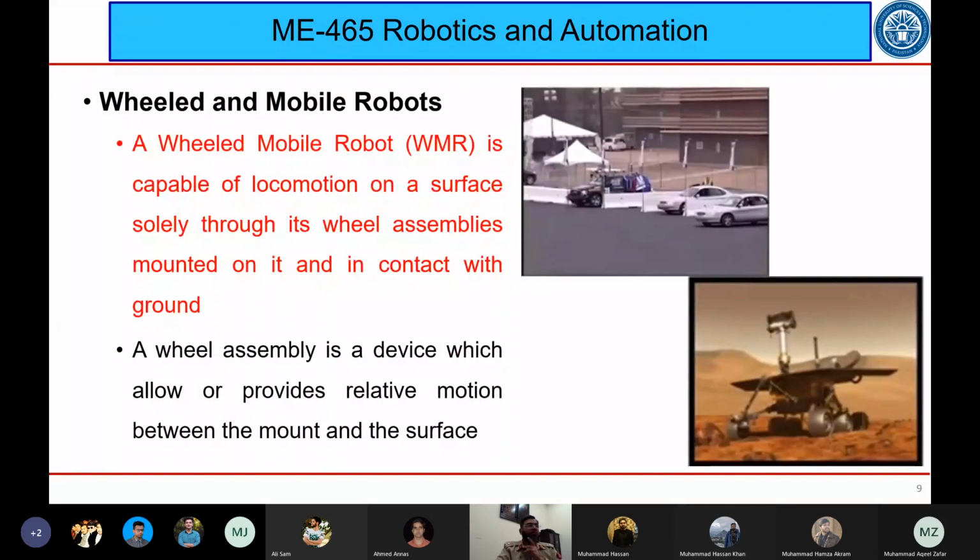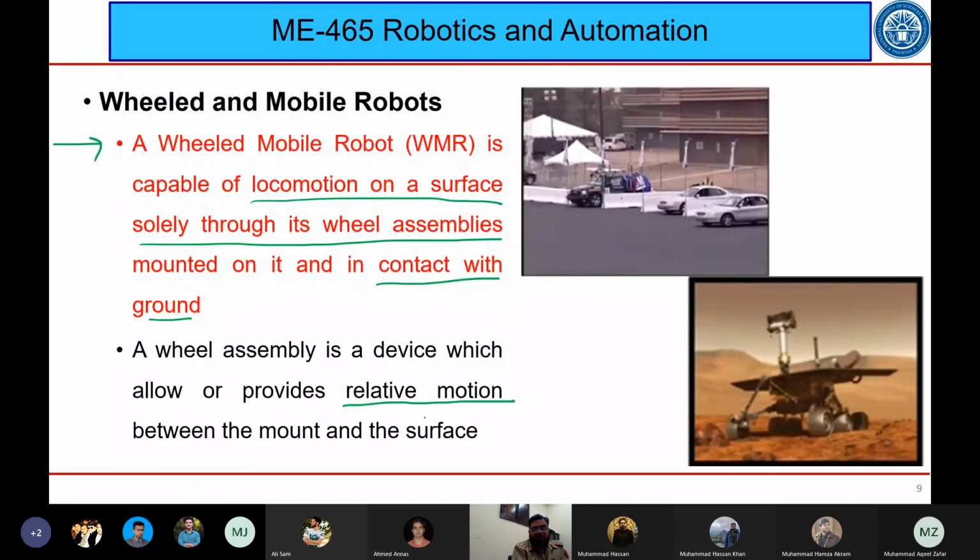ओके, so now going over from industrial to wheeled robots. सो ये आपको अगर देखें तो जो व्हील मोबाइल रोबोट है, this is capable, ये जो यहाँ पे लिखा हुआ है, a wheeled mobile robot is capable of locomotion on a surface solely through its wheel assemblies which are mounted and in contact with the ground. ठीक है, so a wheel assembly is a device which allows or provides relative motion, ये ज़हन में रखिएगा, relative motion between the mount and the surface.